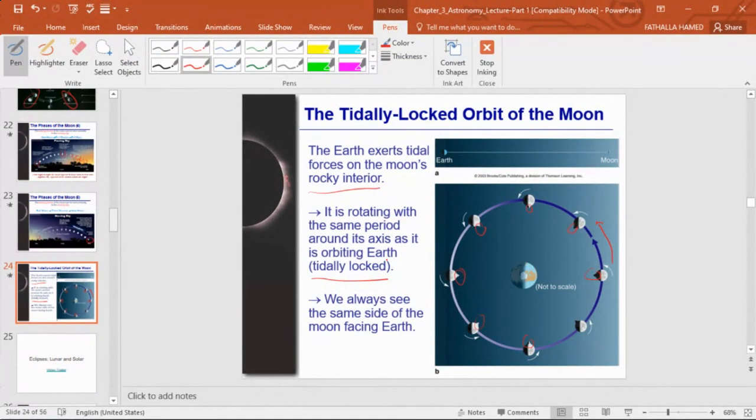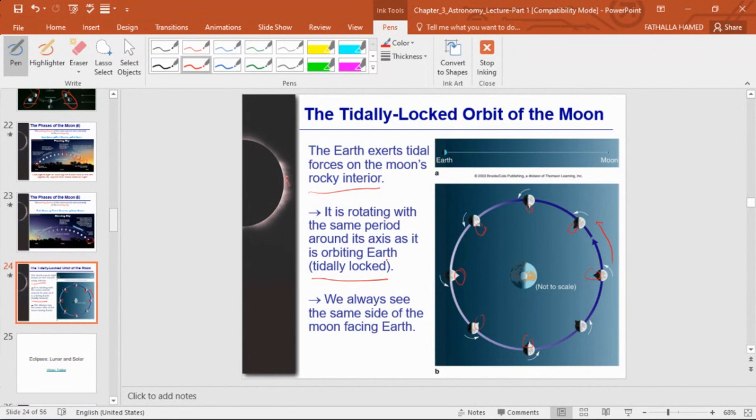So now we know how the moon orbits the Earth, and we know why the moon makes these faces that we see, because it reflects sunlight toward us. And now we basically know why we are always seeing the same side of the moon.